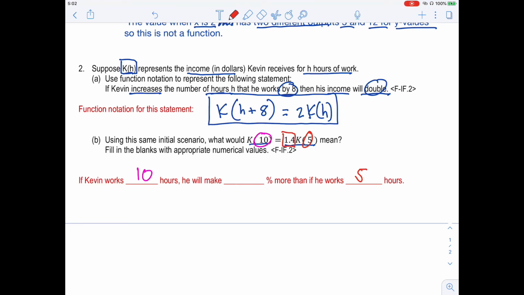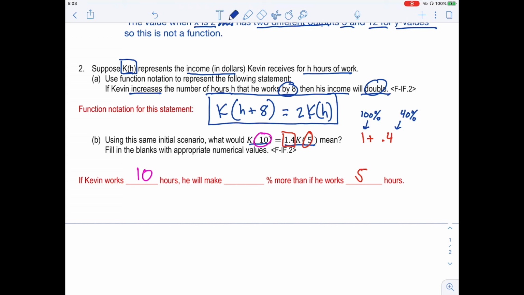So 1.4, if you just multiply by 1, it'll be itself. So with 1.4, you're just adding that 0.4, because it's like 1 plus 0.4, and the 1 represents the 100%, because times it by 1 is 100% itself. You just get back itself. But the 0.4 is your 40%.